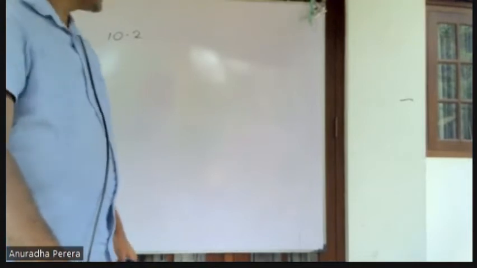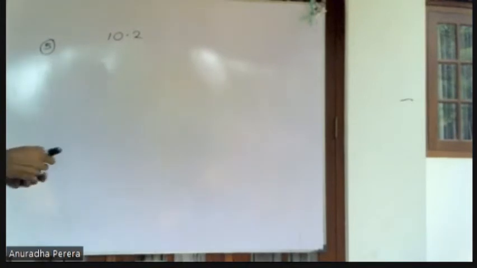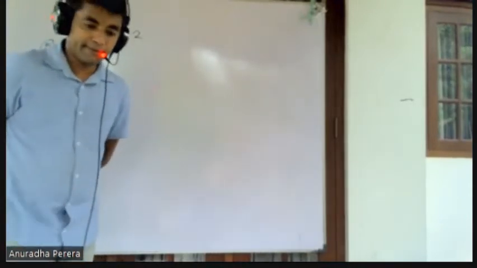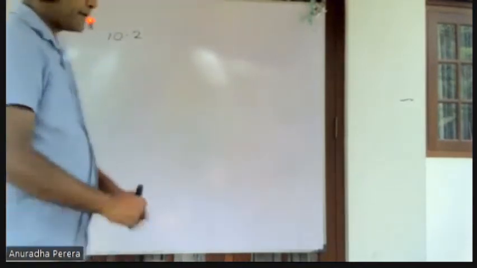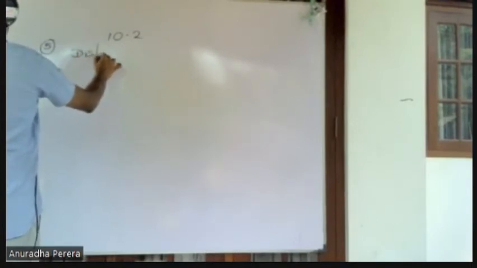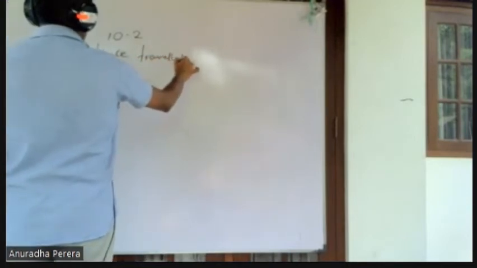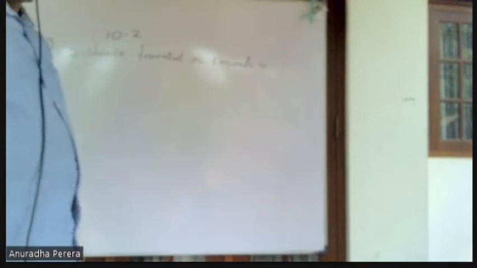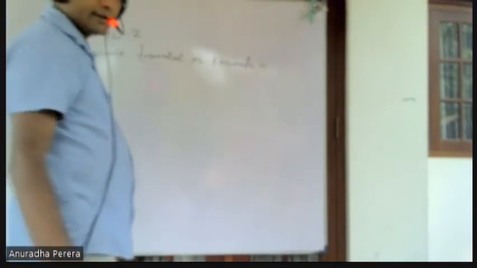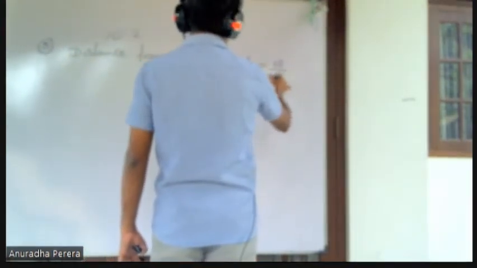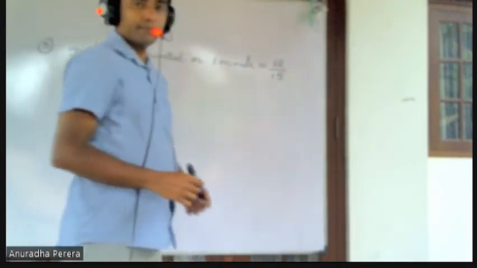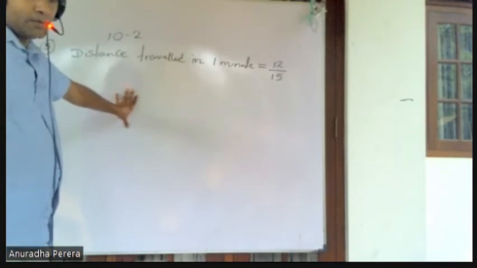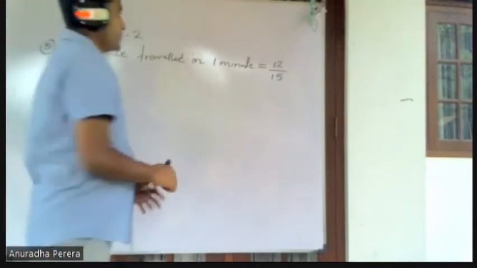If a motor vehicle moving at a constant speed travels 12 kilometers in 15 minutes, calculate the distance traveled in 40 minutes. Distance traveled in 1 minute: divide 12 by 15, that is 12 kilometers by 15 minutes. You can write it in the simplest form.